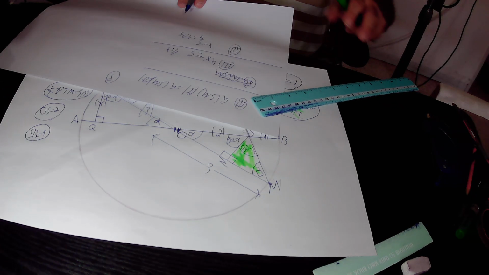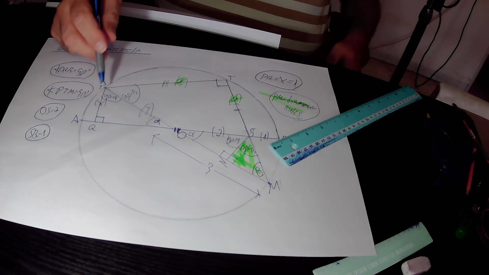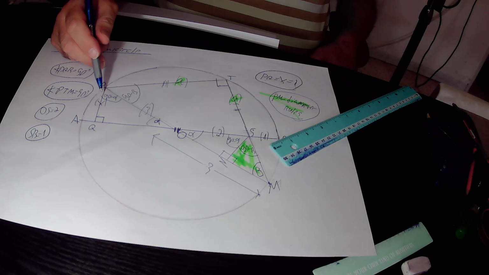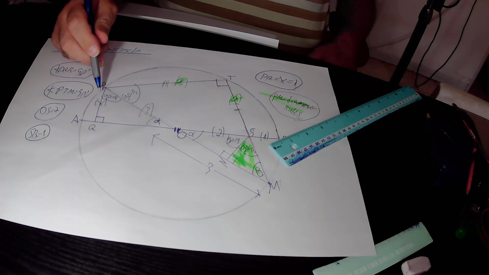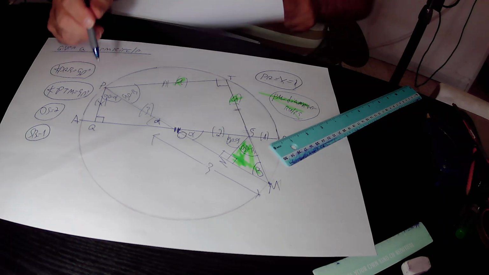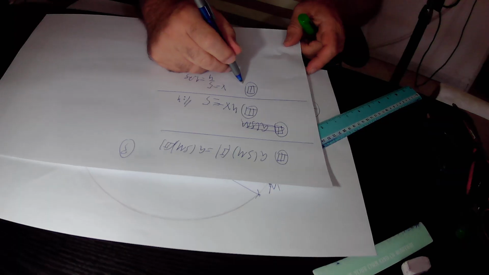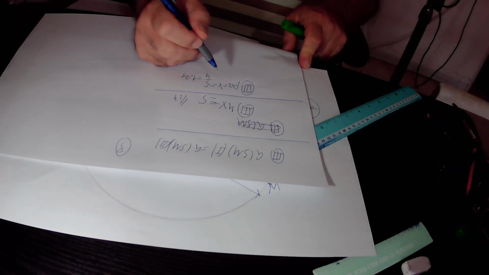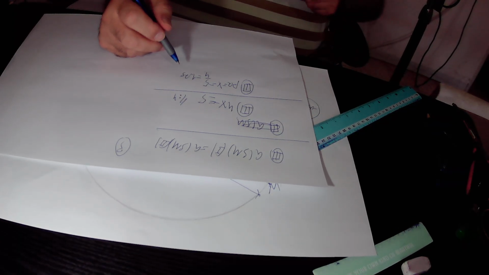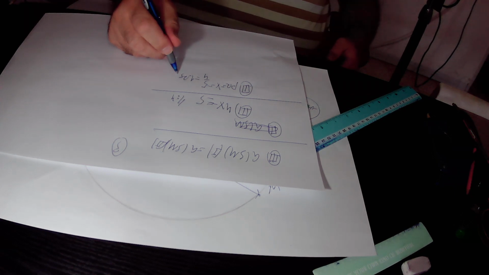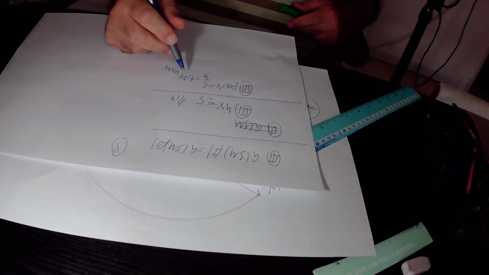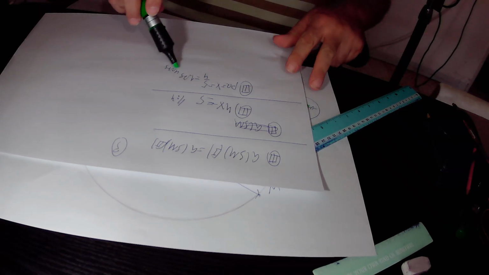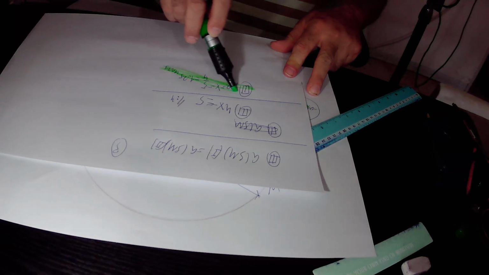So PQ equals x, which is equal to either 5 quarters units, or in terms of numbers, 1.25 units. So we finish with the second question.